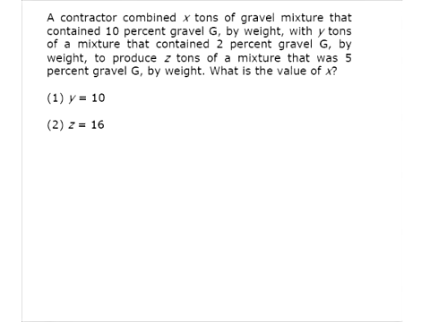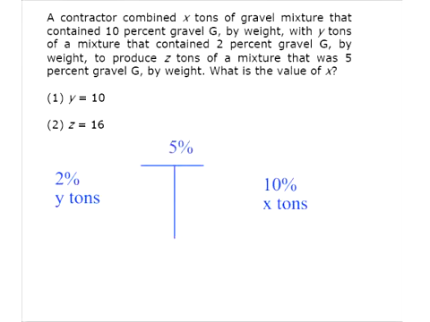We're combining X tons of 10% gravel with Y tons of 2% gravel, and we're going to end up getting Z tons that is 5% gravel. So I would start this off before I even look at the statements by going, this is pretty much telling me the recipe already.